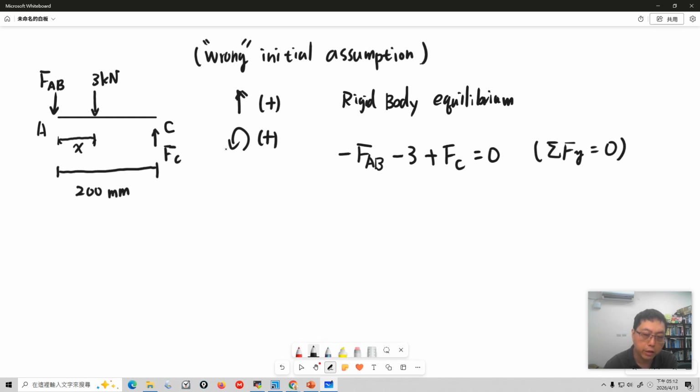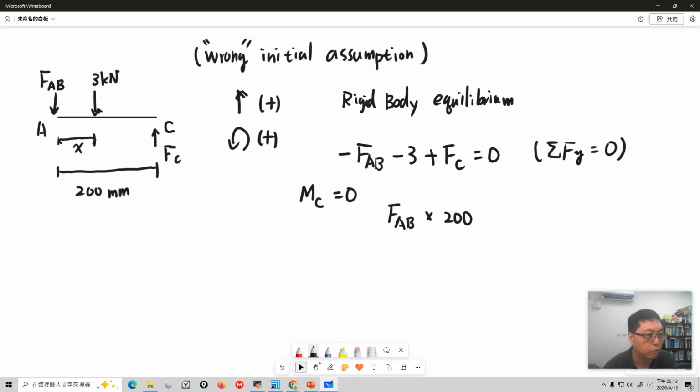The other equation is that the total moment of the system is 0. Let's use point C as the reference point, so MC equals 0. With reference point C, FAB is counterclockwise, so it's FAB times 200 millimeter.